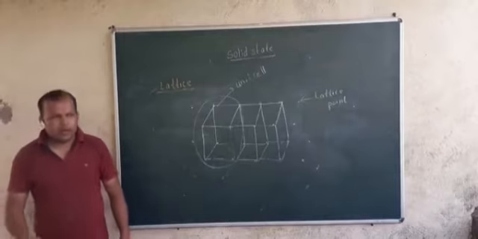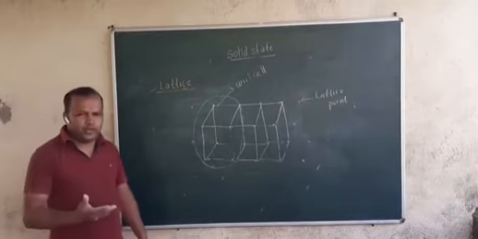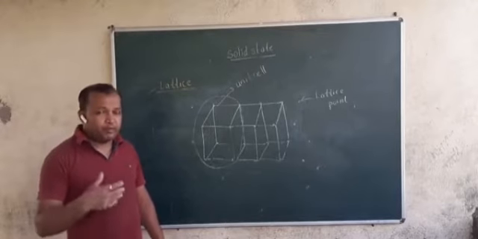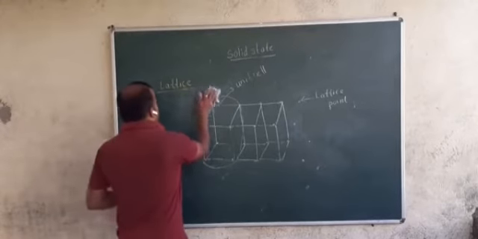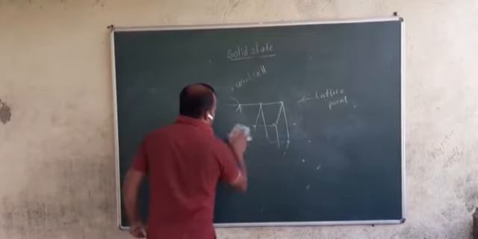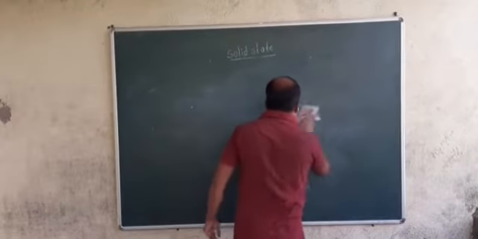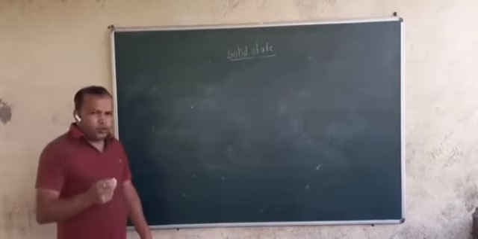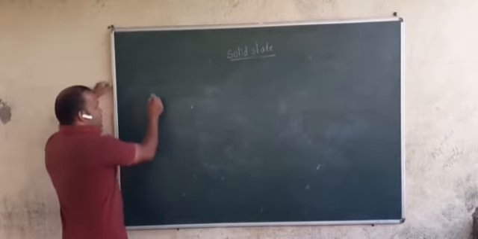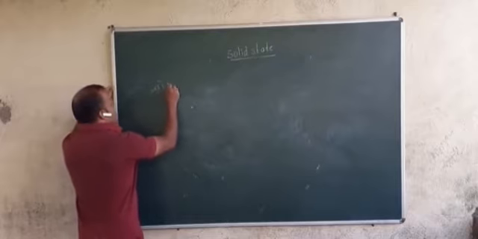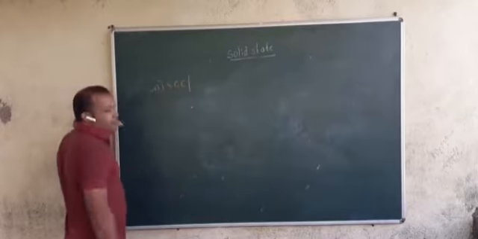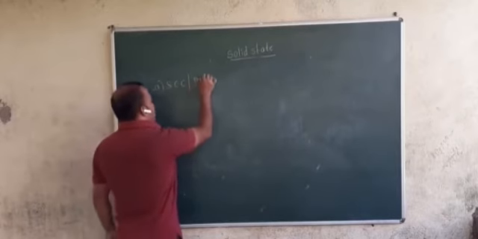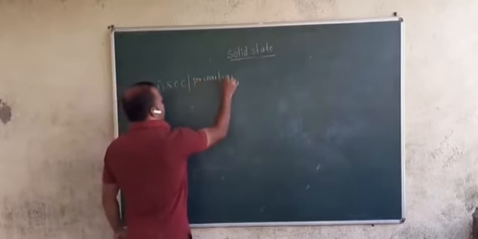Okay, now there are different types of unit cell. Before going for different types of unit cell, we will see some basic things. So students, the first is SCC, simple cubic crystal, or it is also called primitive.